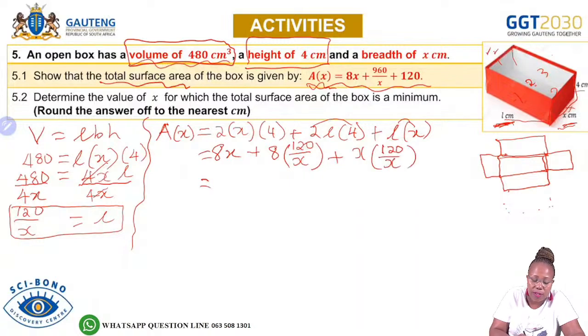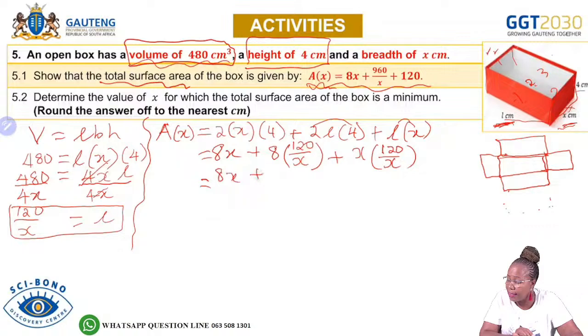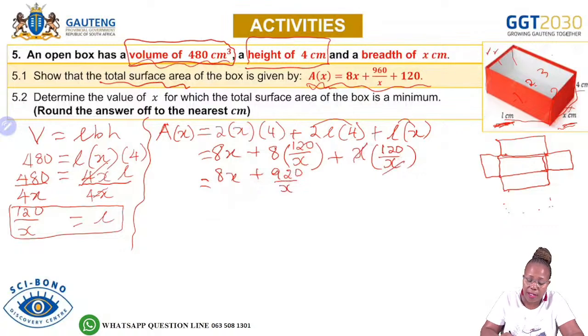So now, simplifying that, we have 8x plus 8 times 120, and then this will give us 960 over x, and then this x goes once there, we'll be left with only 120 there.